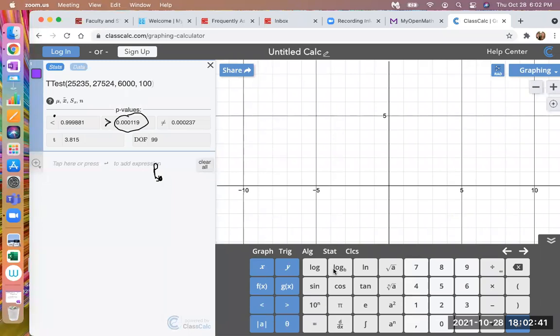Are you confident that you know which one to choose? Yeah, I thought I clicked it, but I didn't. That one is a little confusing, and I just think about which direction the inequality symbol is facing in the alternative hypothesis.